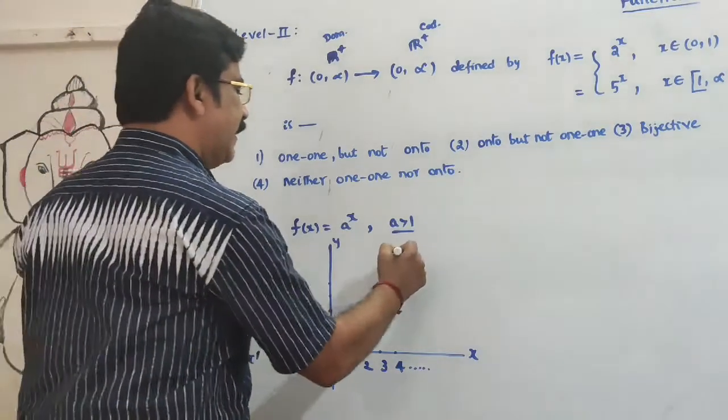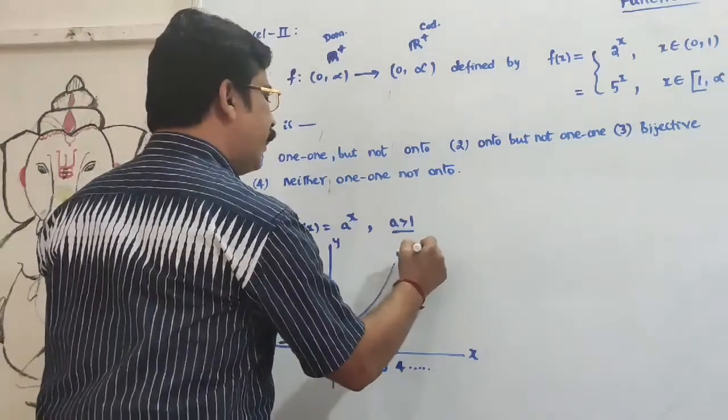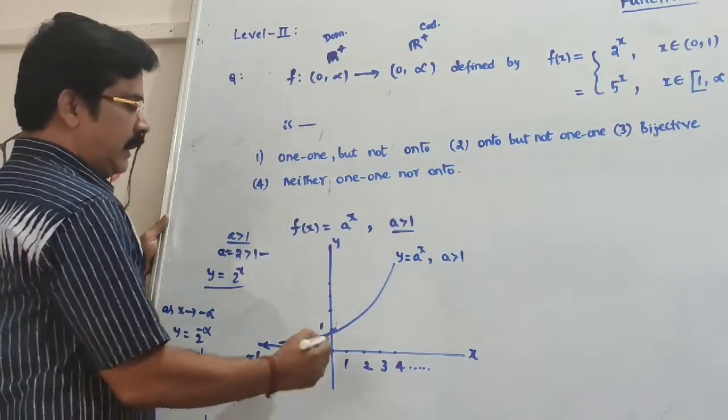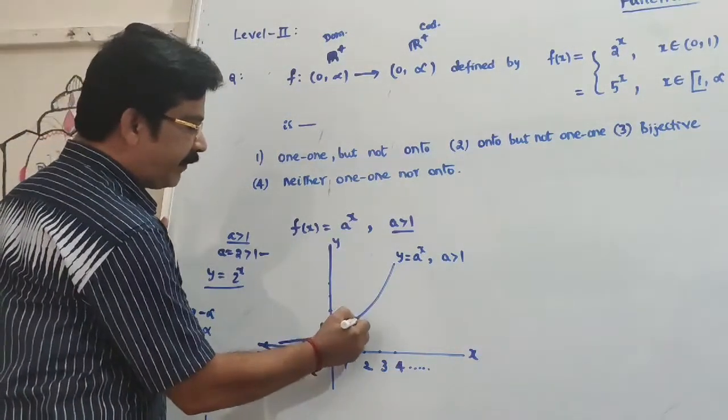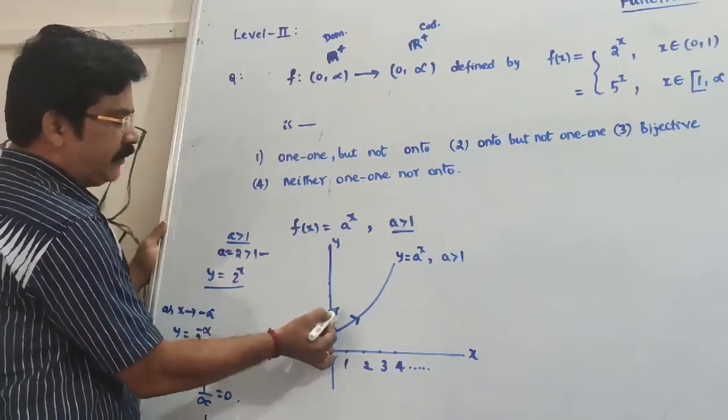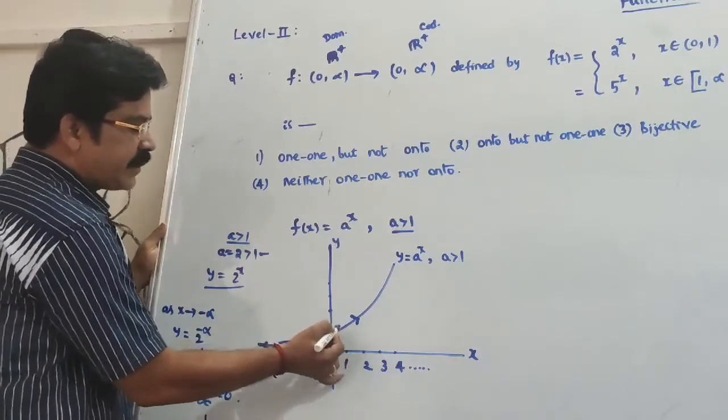So this is the y equal to a power x graph, where a is greater than 1. It is an increasing graph. Already I said, when x equal to 0 and x equal to 1, just by observing two points, it is increasing.